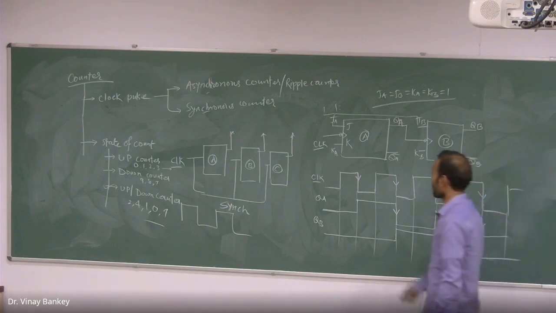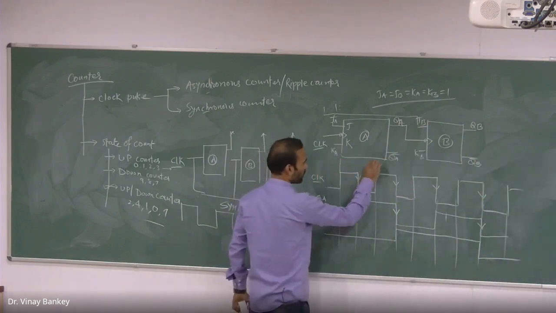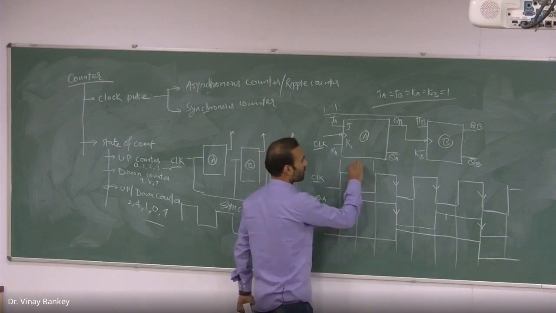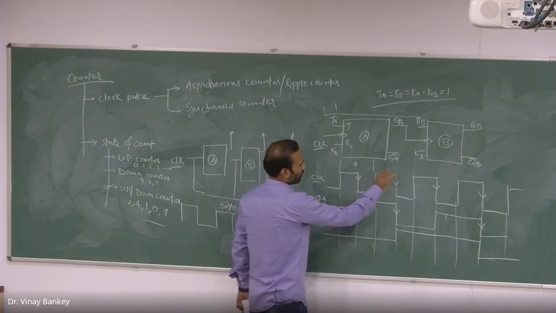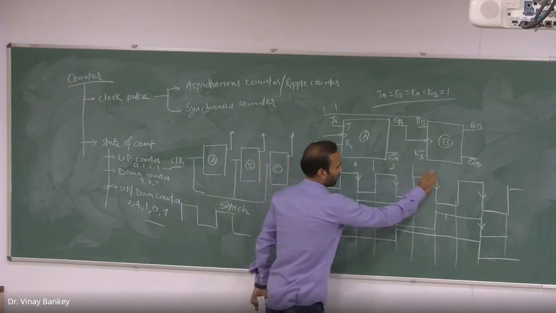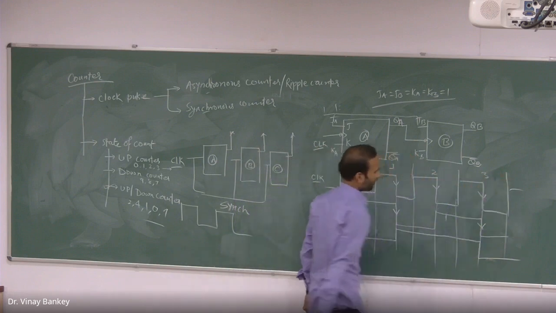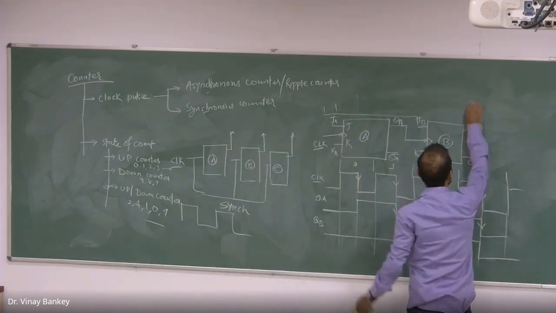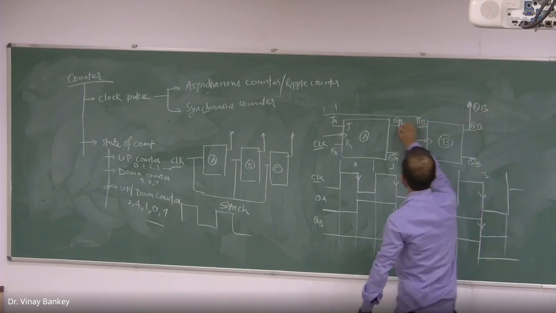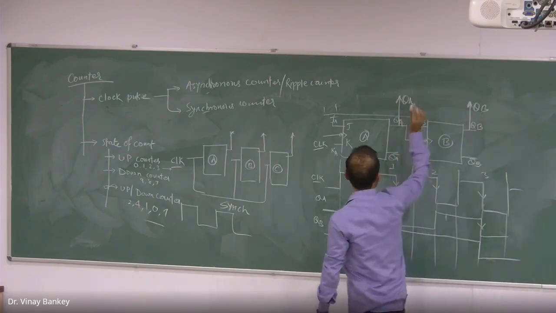Okay, this is my clock pulse first, sorry, 0. You can take 0 or you can take 1 also. Now this is my 1, 2, and 3. Now I will observe the output of this arrangement. This is my QB and this is my QA.